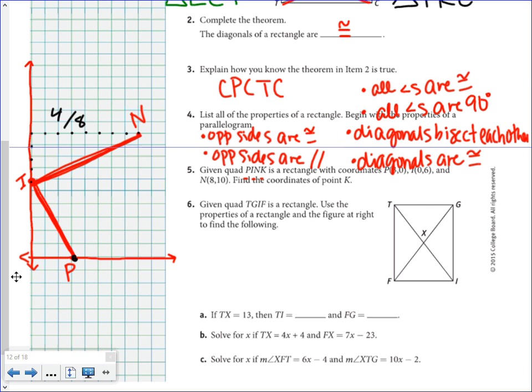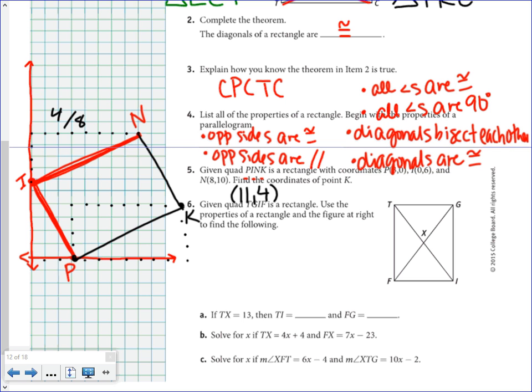So we're going to go up 4 and then go to the right 8. And that point right there is where K would be. And so then if you count 1, 2, 3, 4, 5, 6, 7, 8, 9, 10, 11. 1, 2, 3, 4. You end up at 11, 4 for K. So that's one way that you can do that one. There are other ways. I personally think the graph is the easiest option for that one.